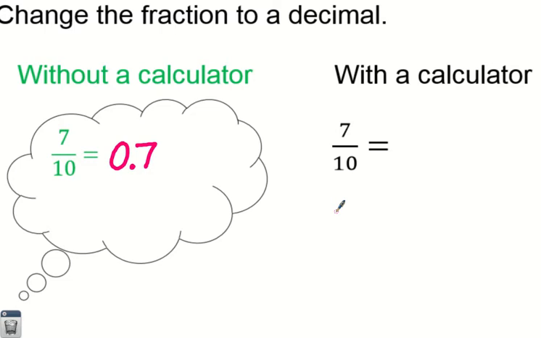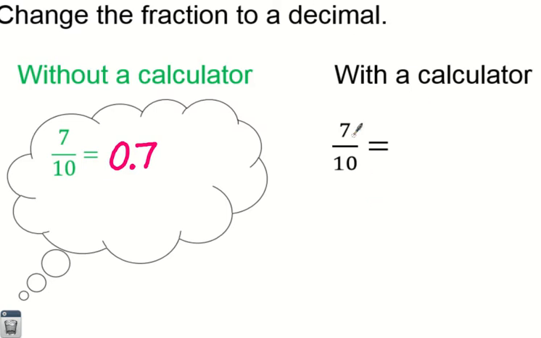Another way is to just literally do 7 divided by 10 on your calculator. Okay? Because remember, and I'm sure I've already brought this up, whether it was in section 1.1 or last section, I've already emphasized that a fraction is basically a division problem.